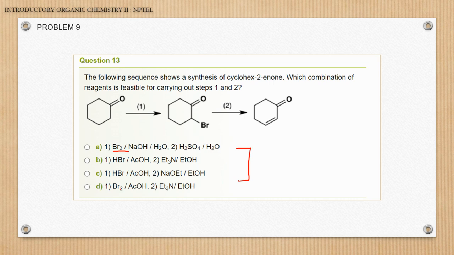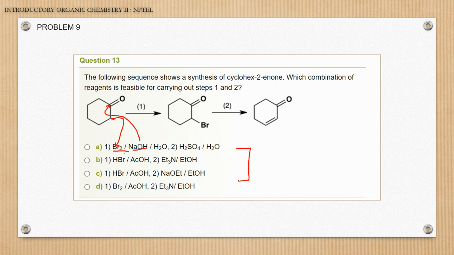See, option A, in this also you can get this product, because sodium hydroxide will abstract the proton from this side, and then this negative charge will attack onto your bromine, right? Fair enough. But as sodium hydroxide is a very strong base, it can also do the 1,2-addition and will give you multiple products.